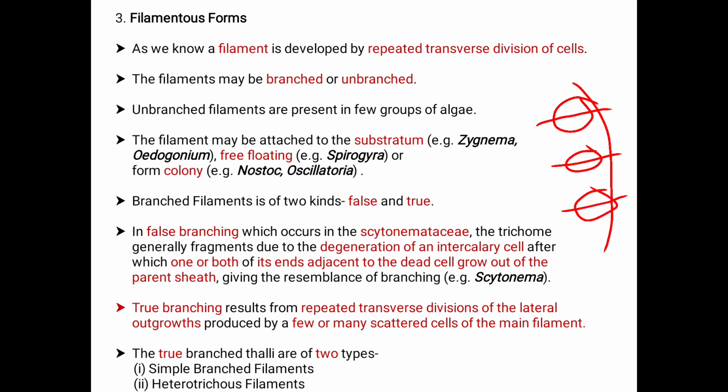The filament may be branched or unbranched. Unbranched filaments are present only in a few groups of algae. The filament may be attached to the substratum, for example Zygnema, Oedogonium.